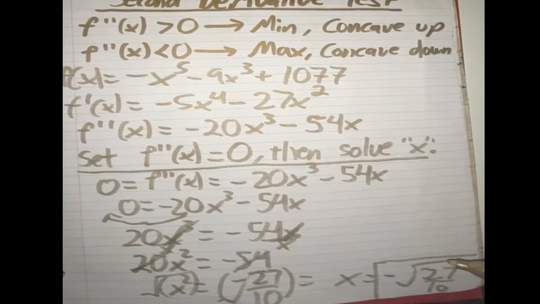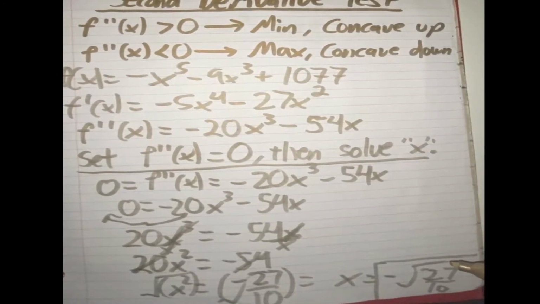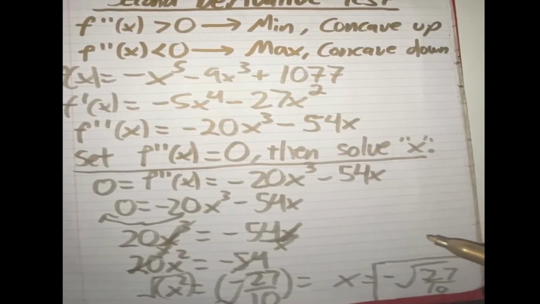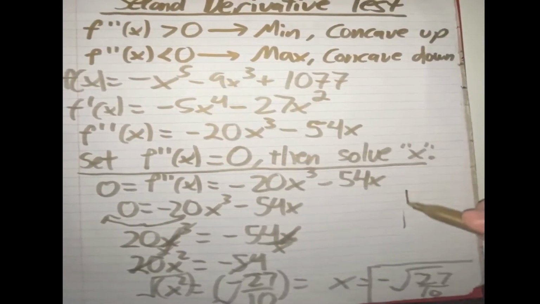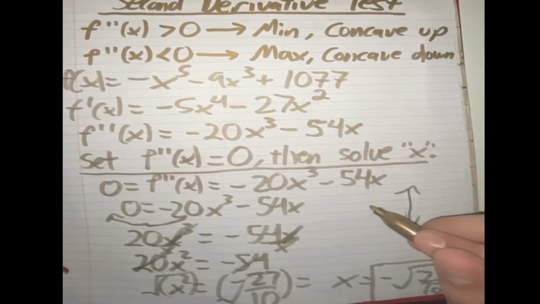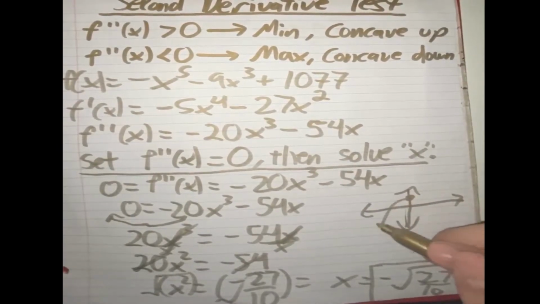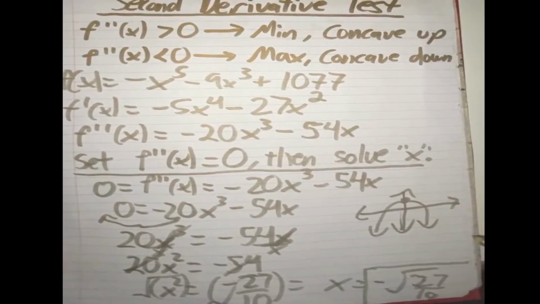So whenever we have a max, we have a concave down. So the graph having a max just basically means that you have a graph that looks like this, that's going concave down.